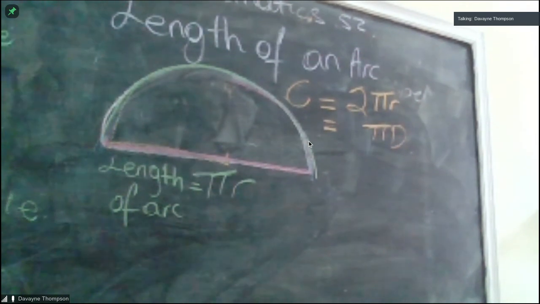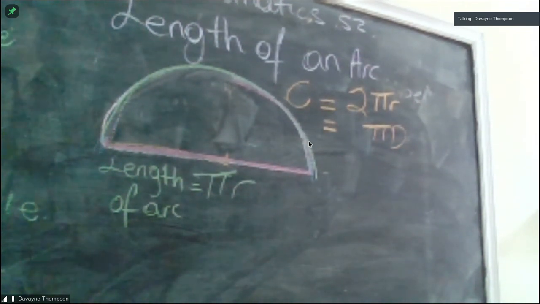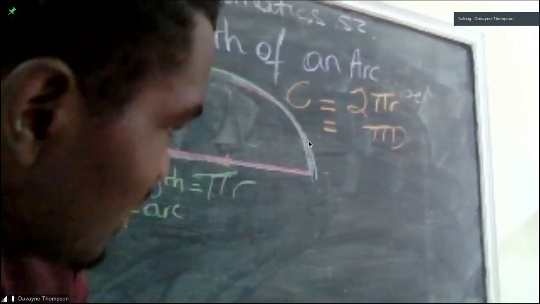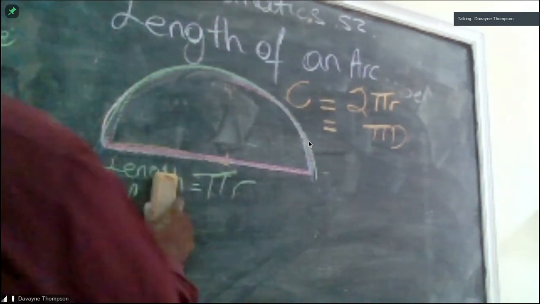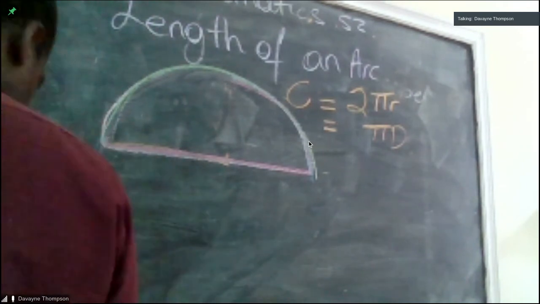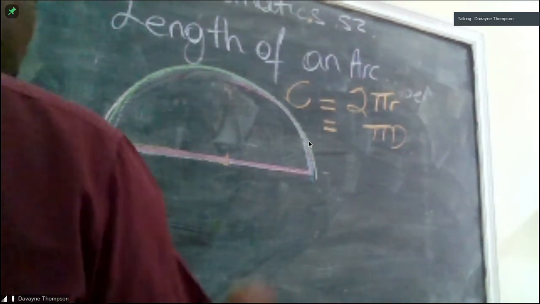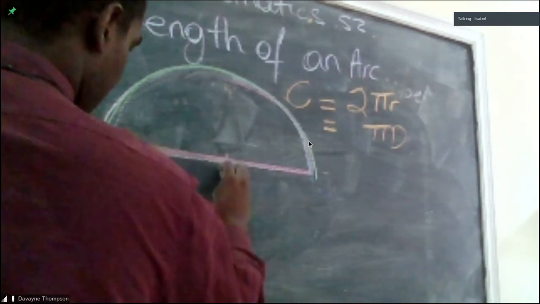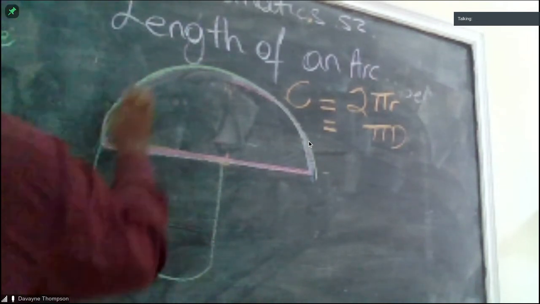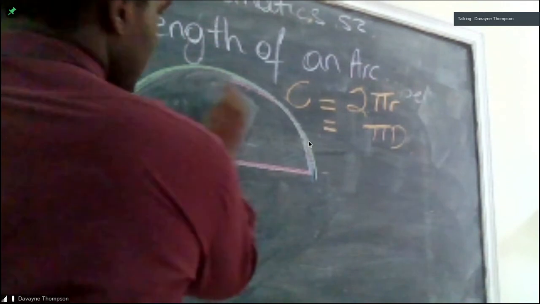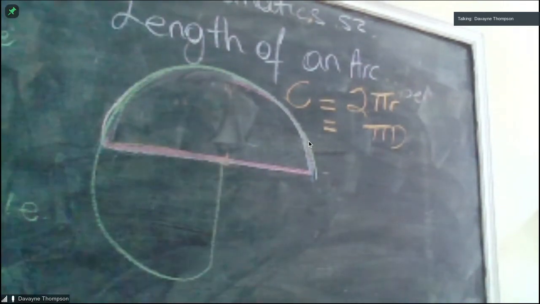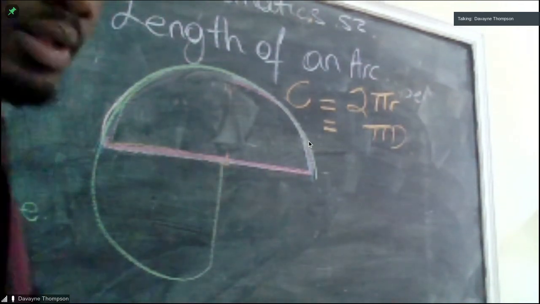Let me give another example just to explain it for you. What if I had 1.5 of a semicircle?